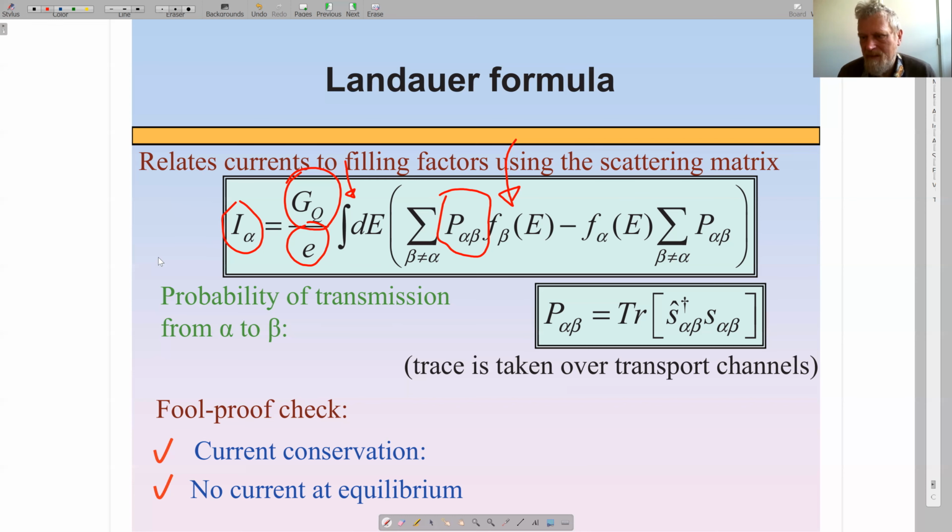Recall a picture of electrons which can be transmitted or reflected. Oh, look here.